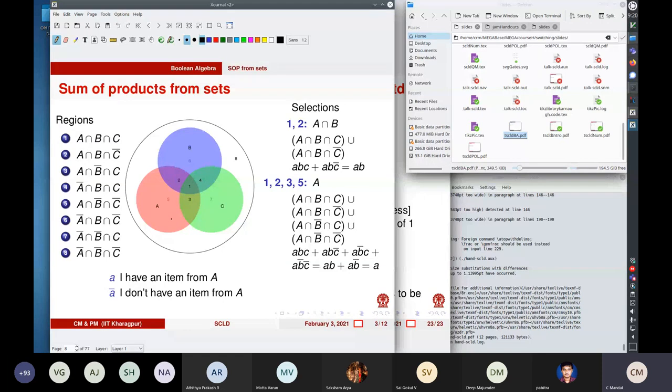A intersection B intersection C essentially shows that you have an item from each region. And region 8 indicates that you don't have an item from any of these regions, and so on and so forth.